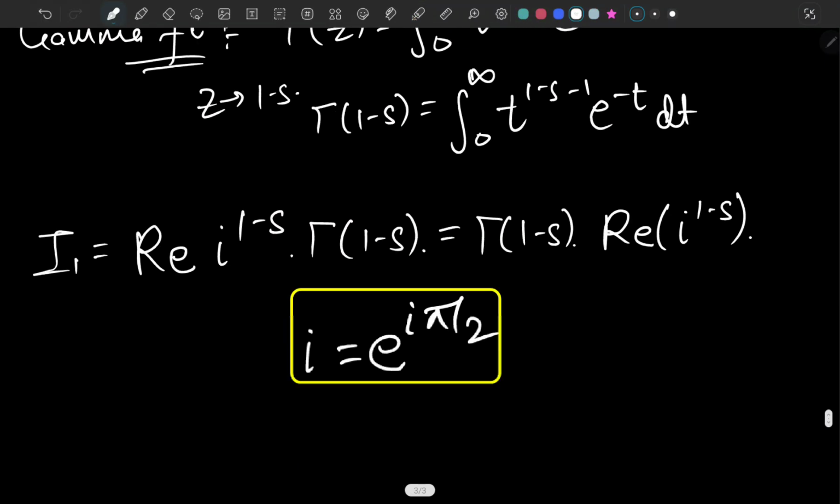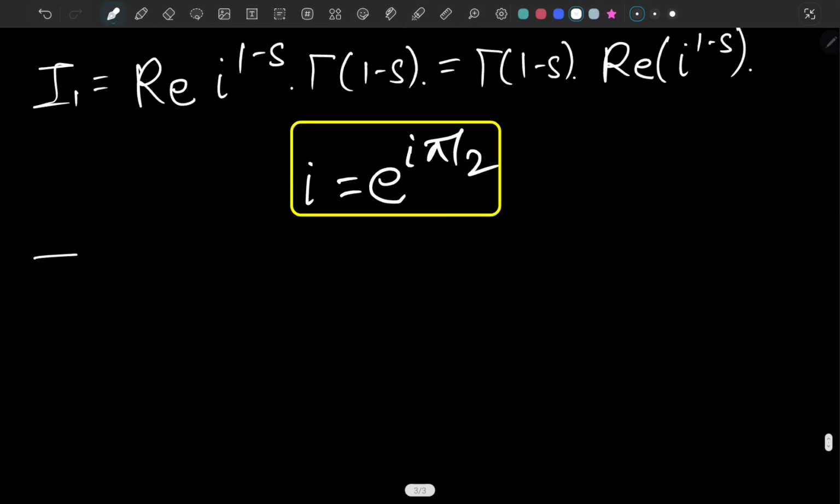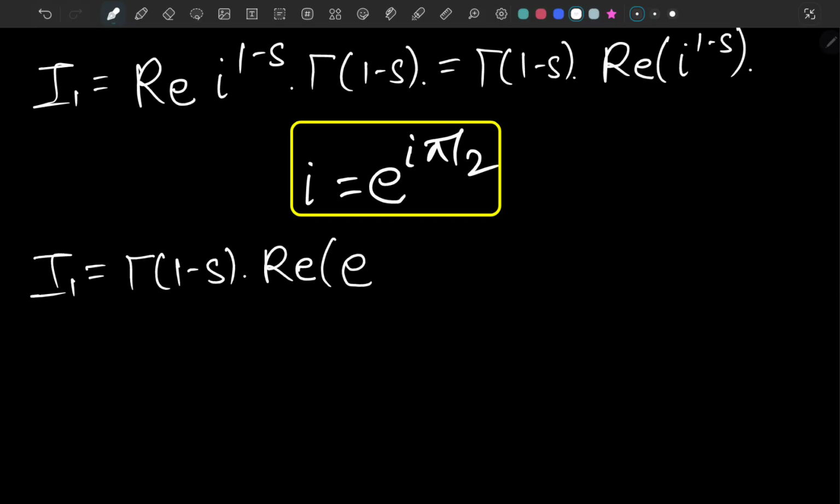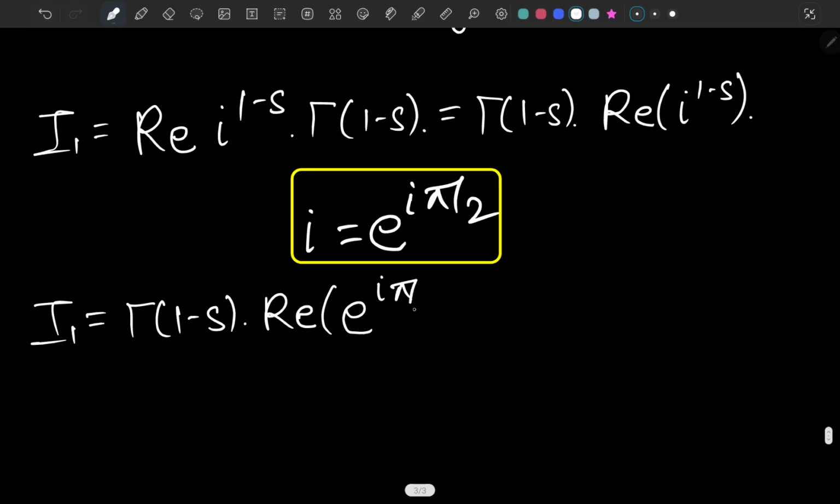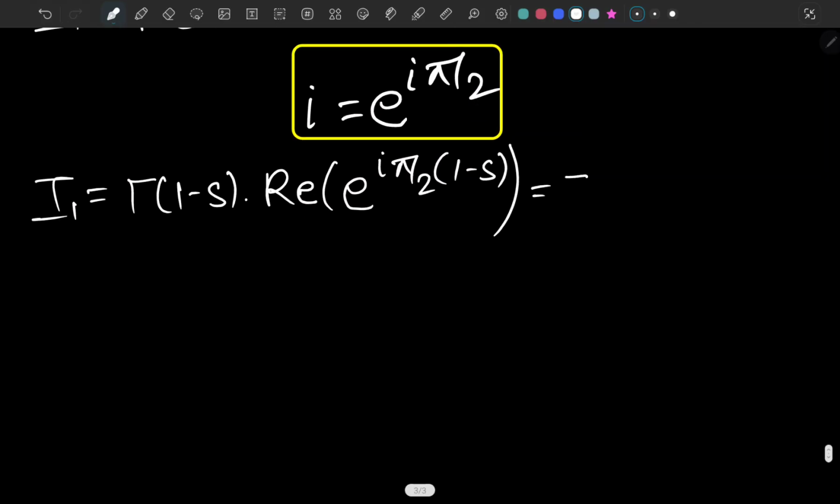So we can just replace it with that, and basically we have I1 as gamma of 1 minus s times the real part of e to the i pi over 2 times 1 minus s, and that can further be written as gamma of 1 minus s times the real part of e to the i pi (1 minus s) over 2.